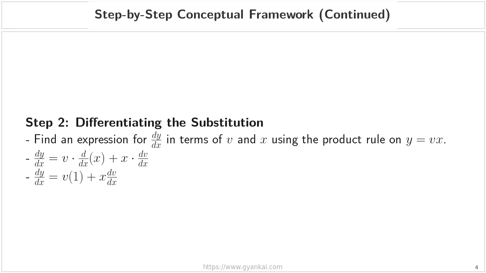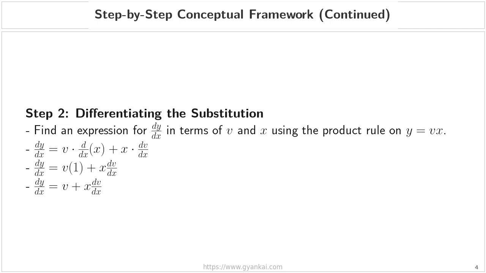Now we simplify. The derivative of x with respect to x is simply 1. So, our equation becomes v times 1 plus x times dv over dx. Finally, multiplying v by 1 doesn't change it, so we arrive at our essential formula. dy over dx equals v plus x times dv over dx.